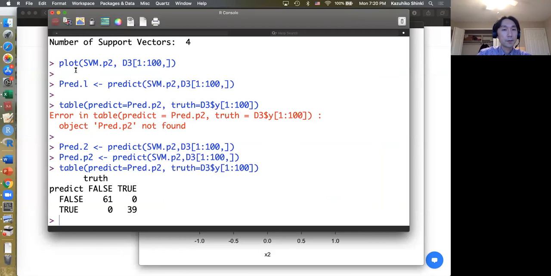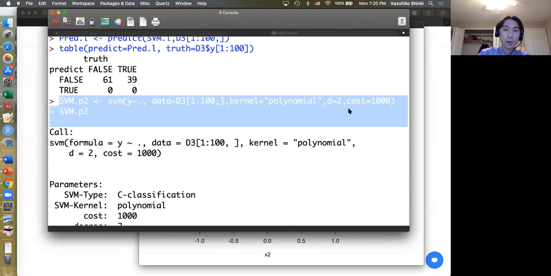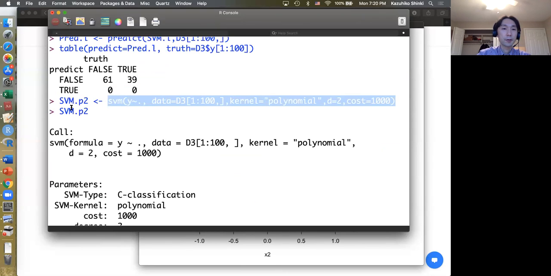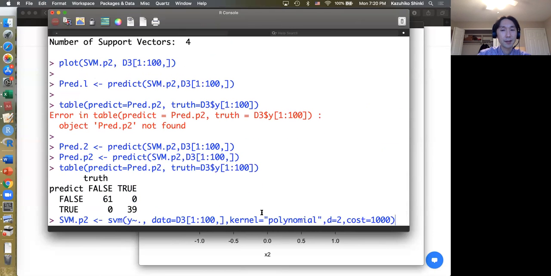And how about if we use polynomials with degree 3? Now d is equal to 3, not 2. Then we have some redundant terms, but it still includes all the second degree polynomials, so we hope it works also.